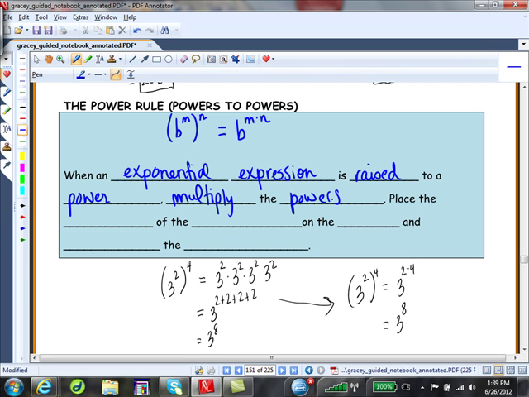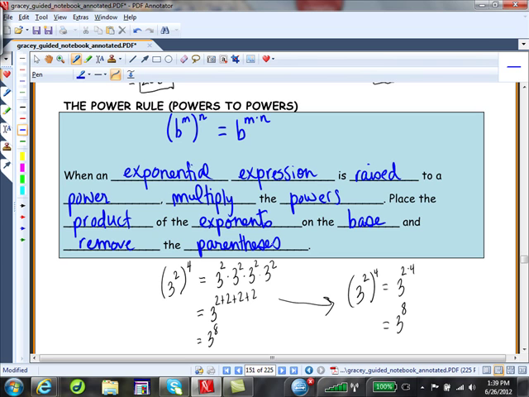Place the product of the exponents on the base and remove the parentheses. Okay?